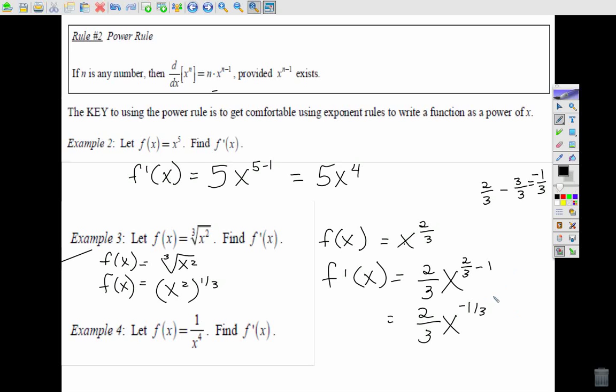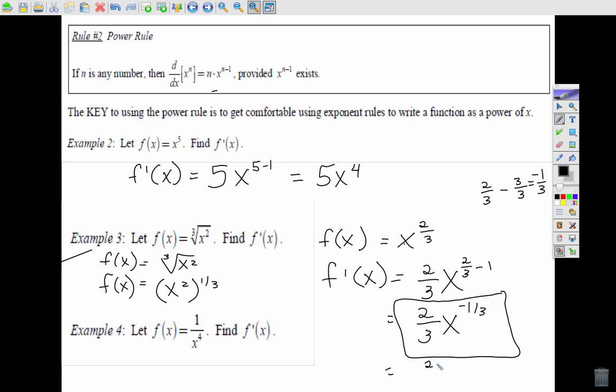Negative 1/3 power. Now, this is a perfectly legitimate answer. You can leave it like that, right here. If it bugs you, you can change it. I will say you might want to get over it if it bugs you, because this is definitely the easiest way to move forward, a negative fraction exponent, perfectly legal, and definitely simpler.